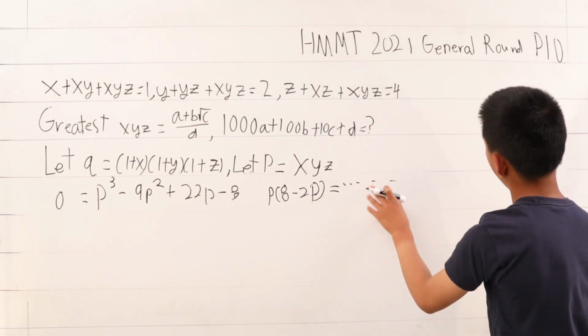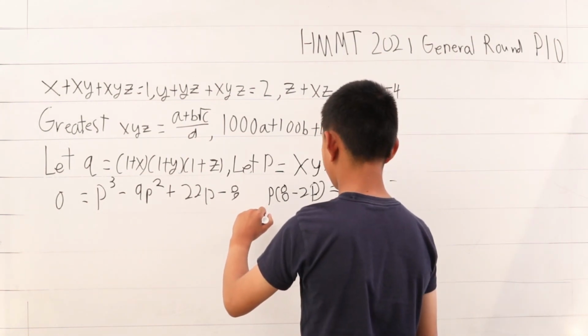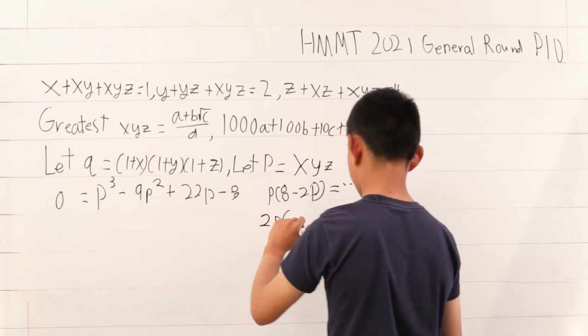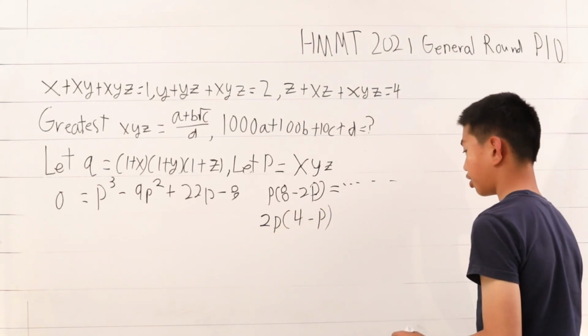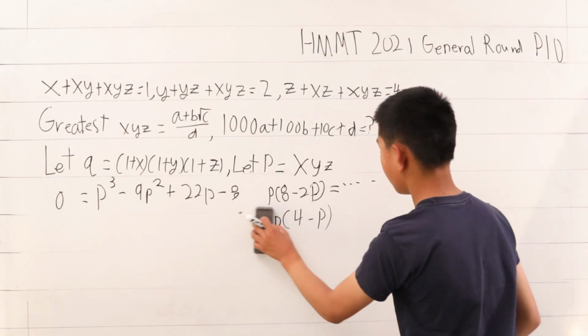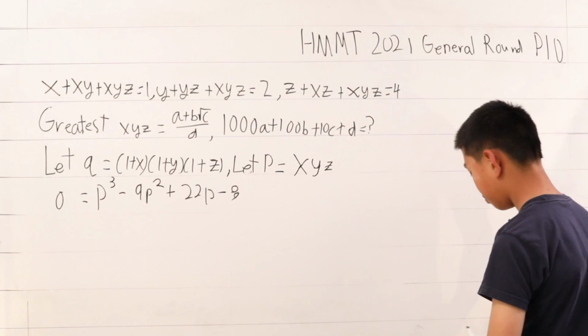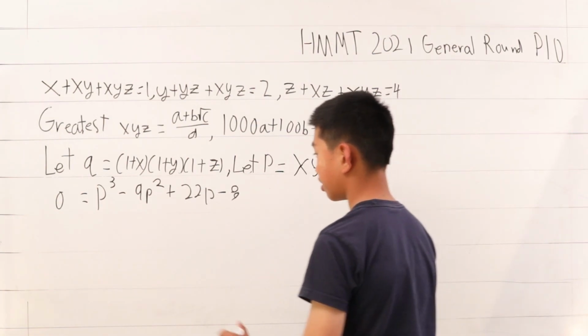We don't care about the other stuff. We just care about this. This can be written as 2p times 4 minus p. So from here, we know that 4 is a root.